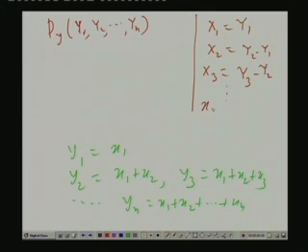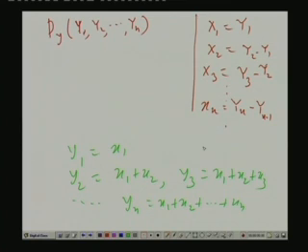So in general, xk is nothing but yk minus y(k-1). And the solution is unique. The solution exists, but there is only one solution, because it is a linear equation.